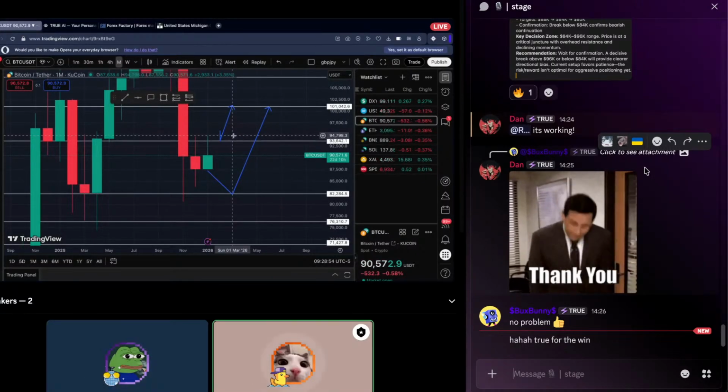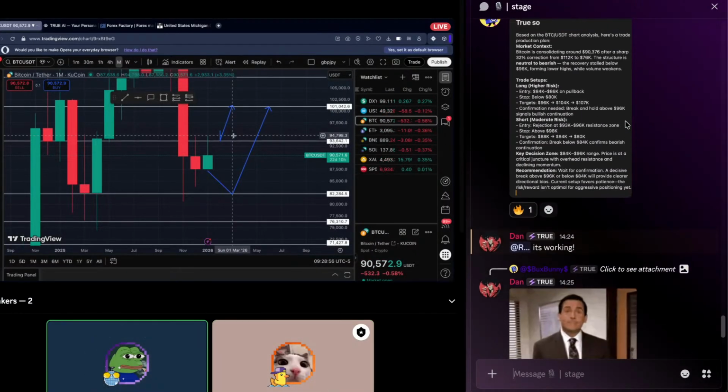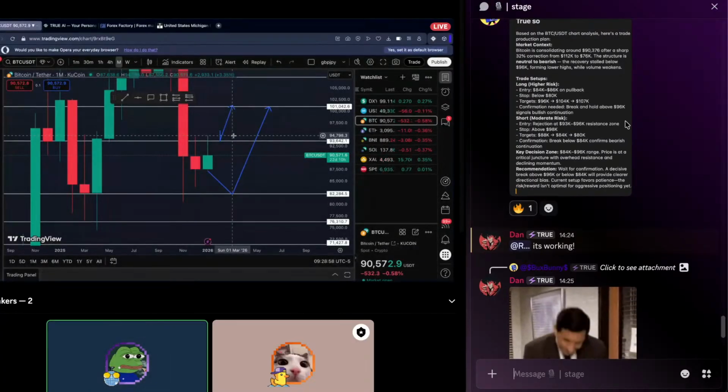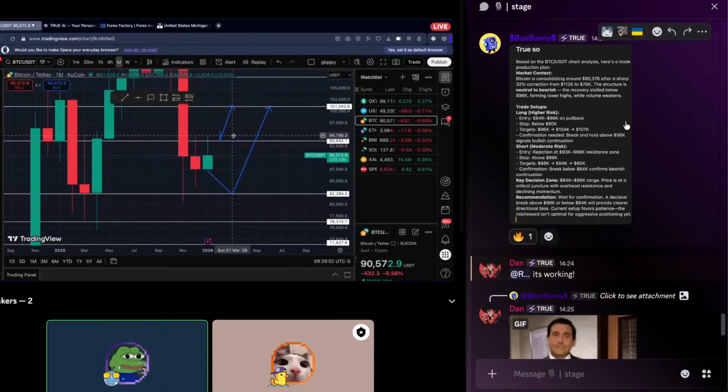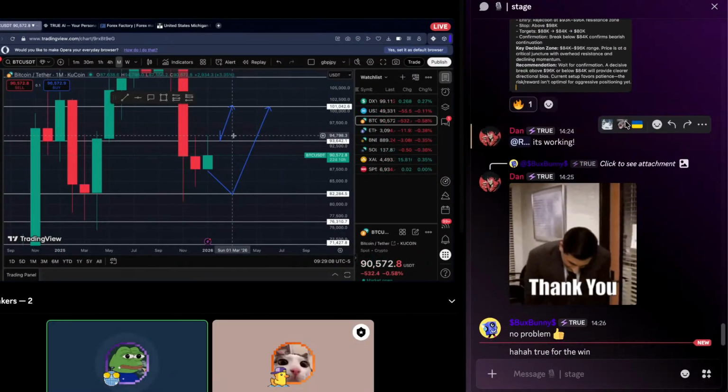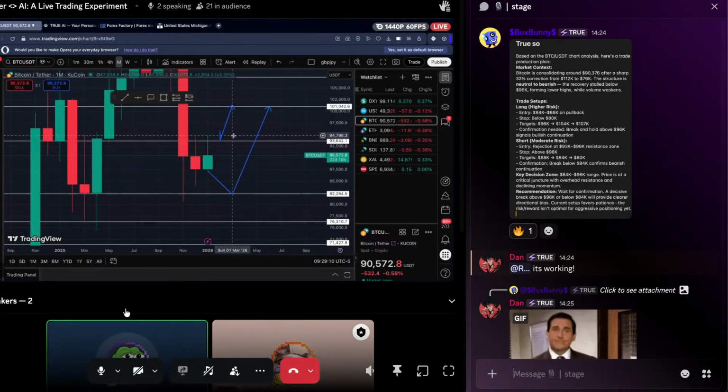Yeah. And it's also useful because even if you're a newbie or a bit experienced, it adds confluence to your trade ideas. Like Bowden just said right now, I said 86K, now the AI is also saying 86K. That boosts the confidence in that trade.